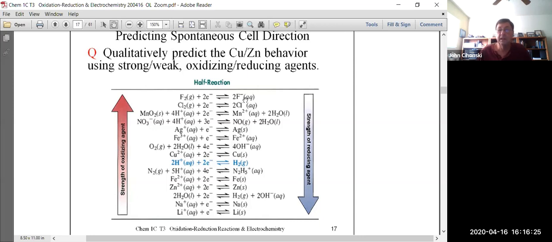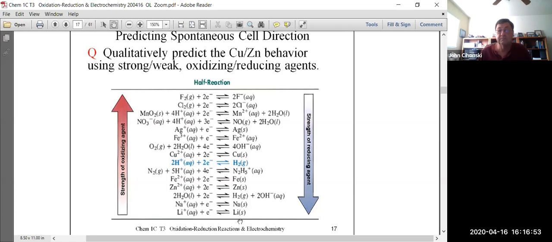So now let's go to the other side. On the other side, these are all reduced species, okay? So these now are called reducing agents. In other words, how credible or how feasible is it to expect these materials to want to be in a reaction and give up an electron or two or three? Well, if we look, strength of reducing agent increases toward the bottom.